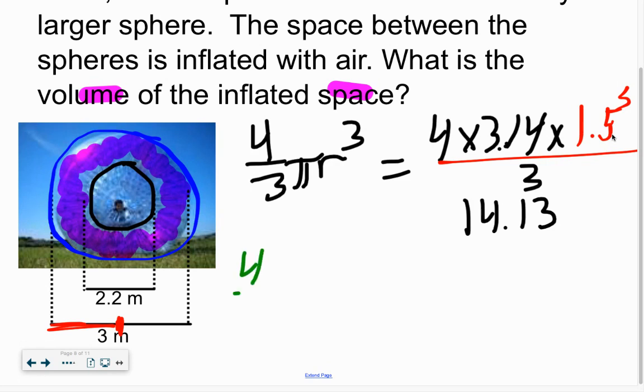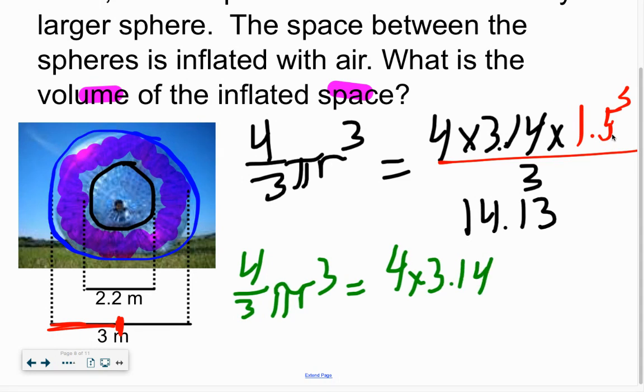And then let's do it again for the smaller one. So formula, 4/3 pi r cubed, where we're going to take 4 times 3.14, and be very careful again. Please remember, we are dealing with a radius, which is from the middle to the outside. If the whole thing across this inside is 2.2, all we want to know is what half of that is. So we're going to plug in 1.1 and cube that. And then when we're done with that, don't forget to divide it by 3.